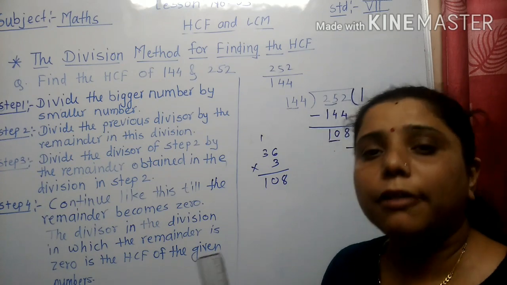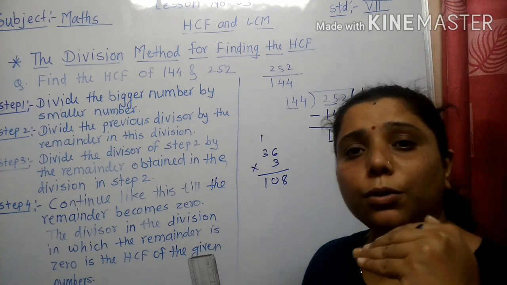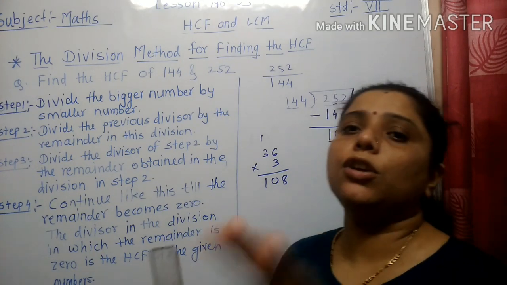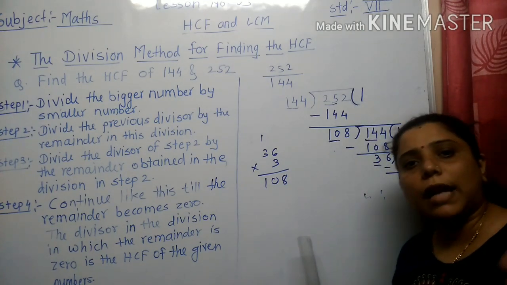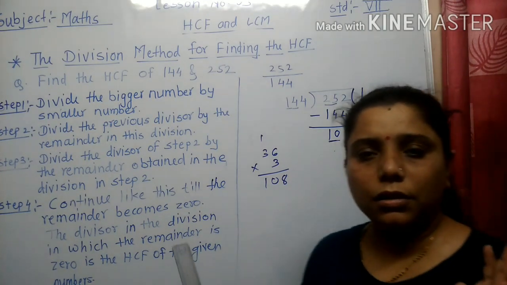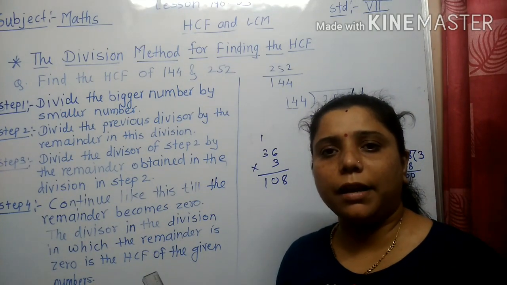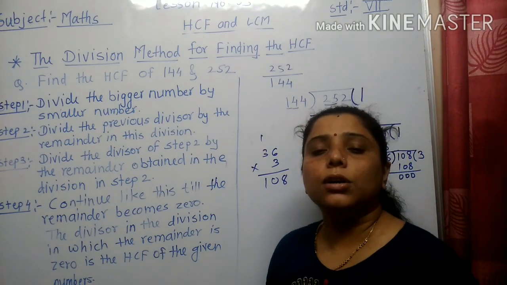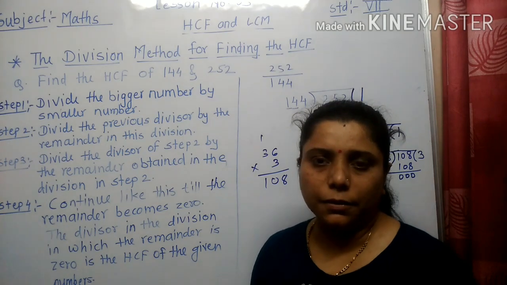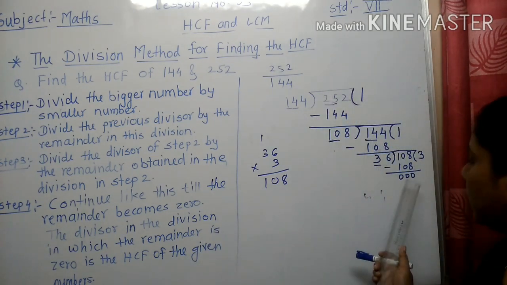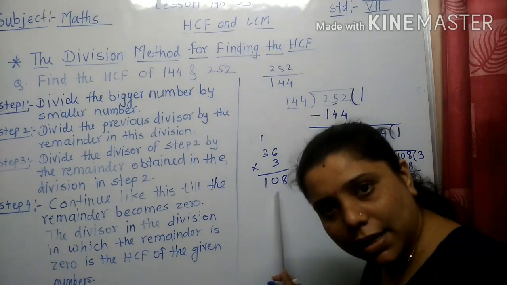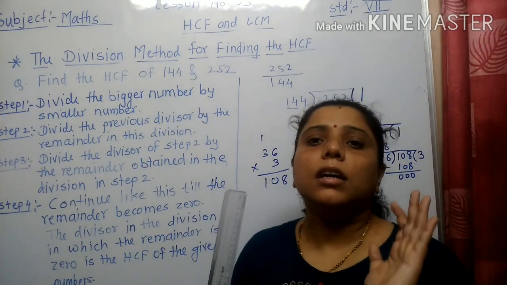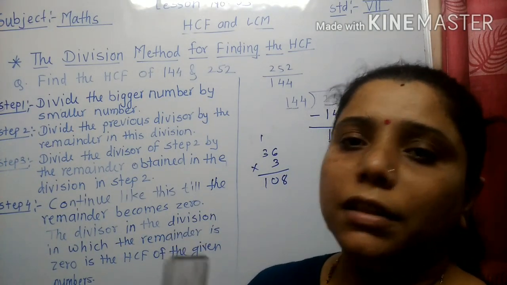You have to continue the same division till your remainder is 0. And when you get the remainder 0, that respective divisor will be the HCF of the given numbers.